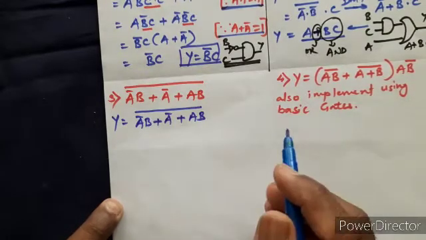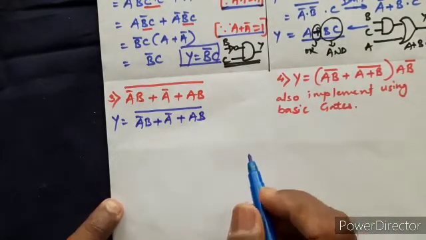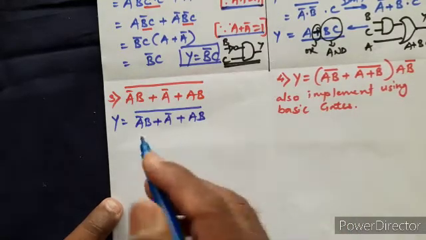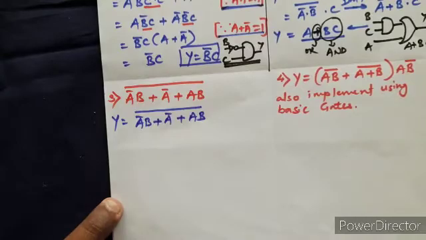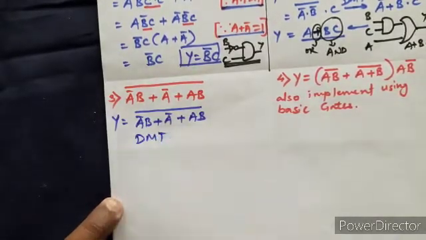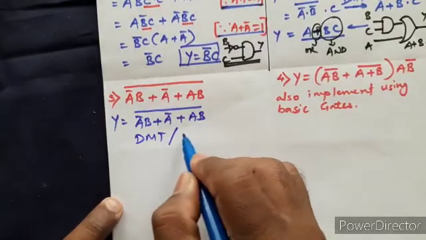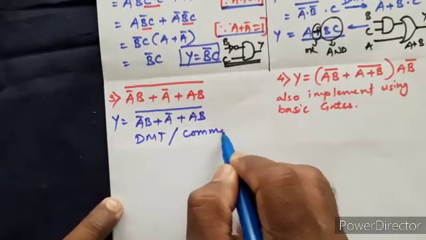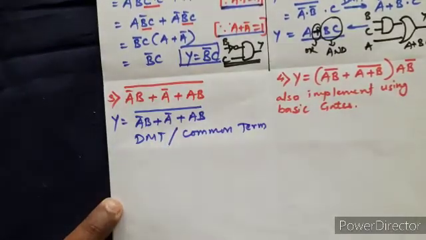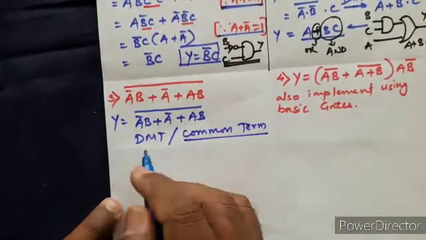Now here what can be done? If you see, you can either go for De Morgan's theorem or common term. Okay, so let us go by this method, right?